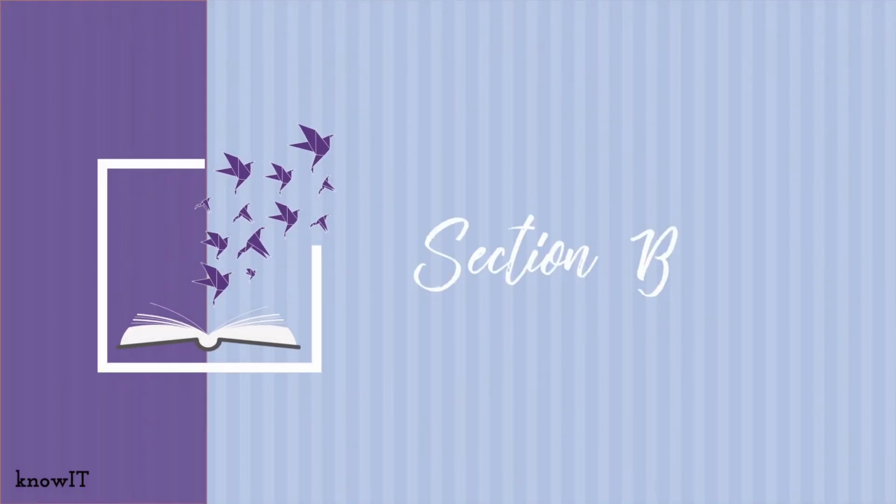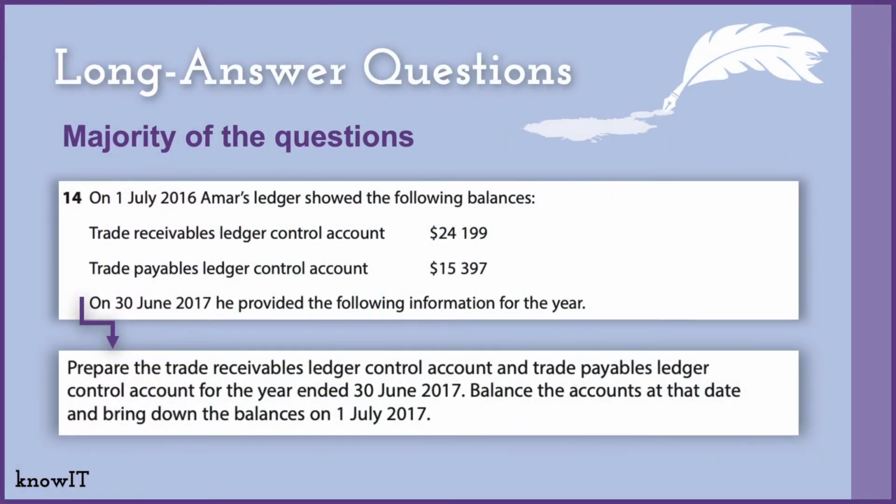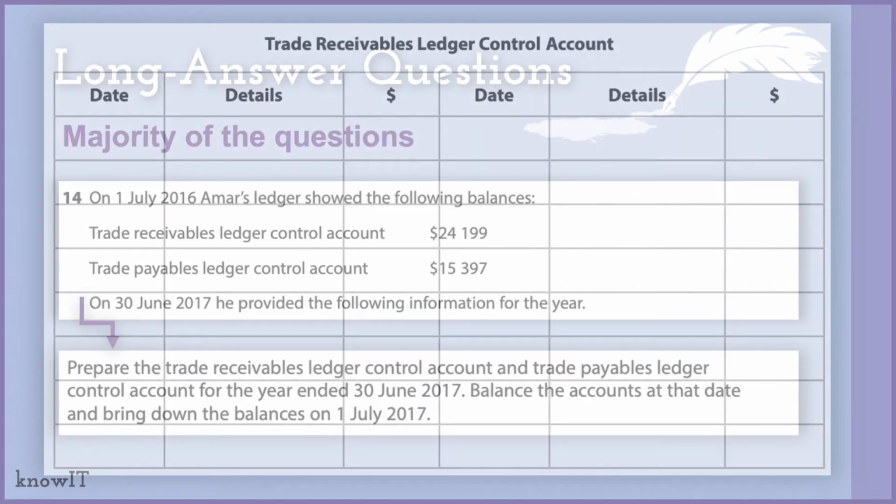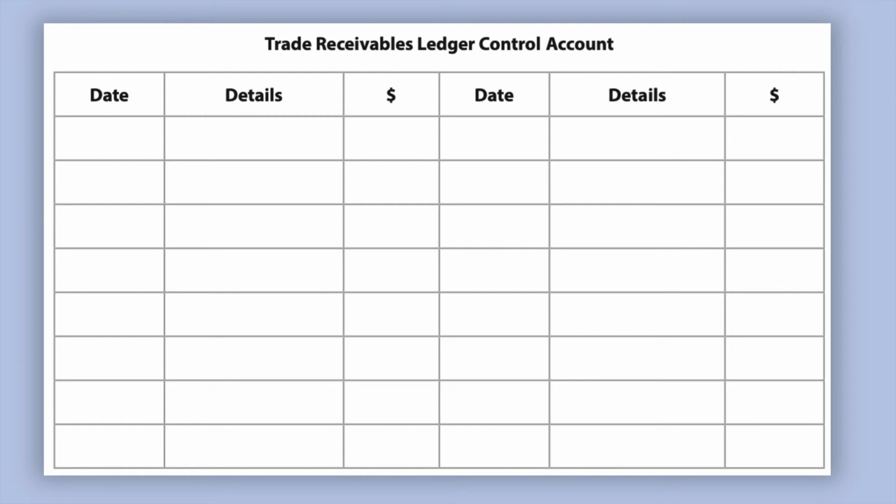Let's go on to section B. Now in section B, there are only long answer questions, and these are the majority of the paper. They look somewhat like this, where you receive some information in the beginning, as you can see over here: trade receivables, ledger, control account, etc. And then based on the information they give you, they ask you to prepare a financial statement or a control account or a journal entry, etc. As you can see, they give you space to write your own answer, so you don't have to worry about that.